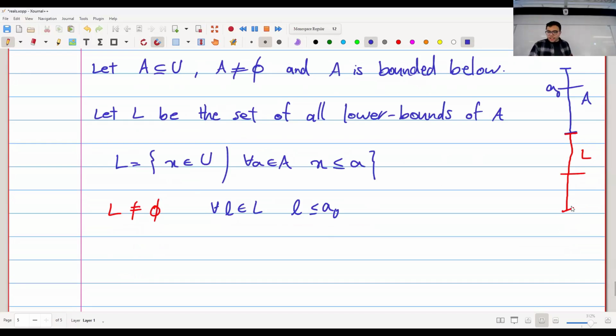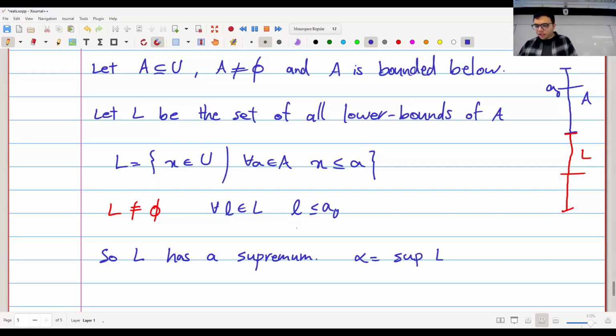Now I have this set L, it's non-empty, it has an upper bound, so it has a supremum. So L has a supremum, or a least upper bound. Let's give this supremum some name. Let's call it alpha.